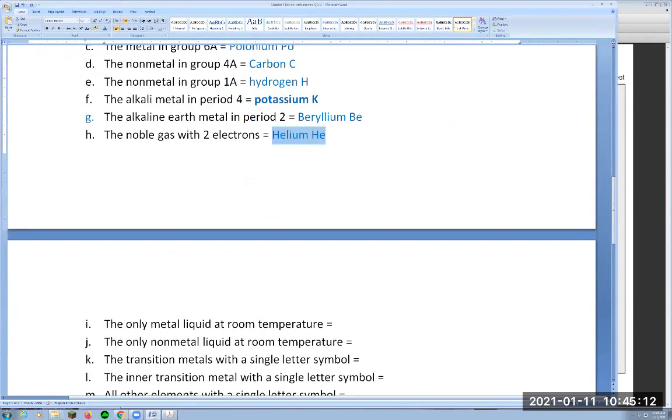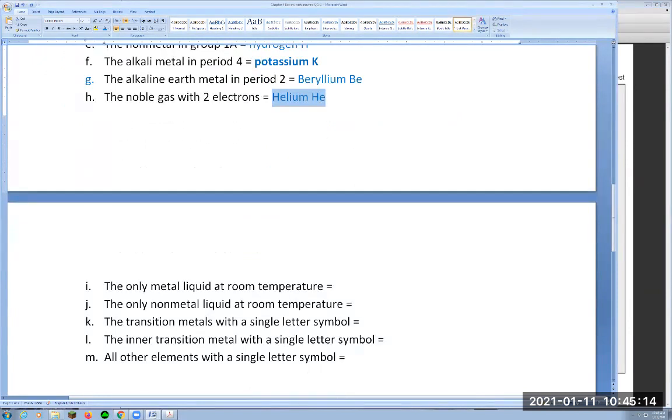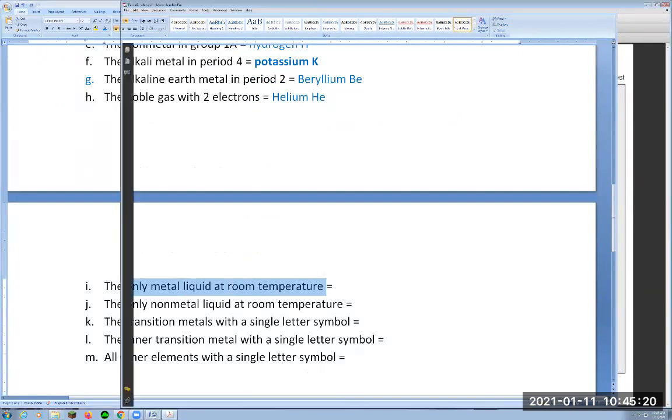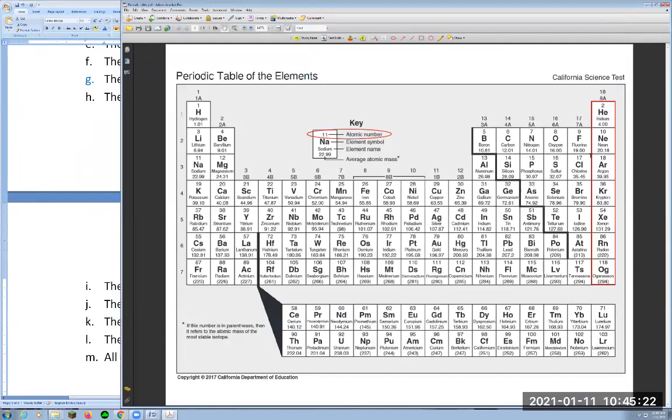Next, the only metal that is liquid at room temperature. So we need to look into the left side of the periodic table where metals are. And all metals are solid, metallic, shiny, heavy most of the time. And the only liquid metal is actually mercury.